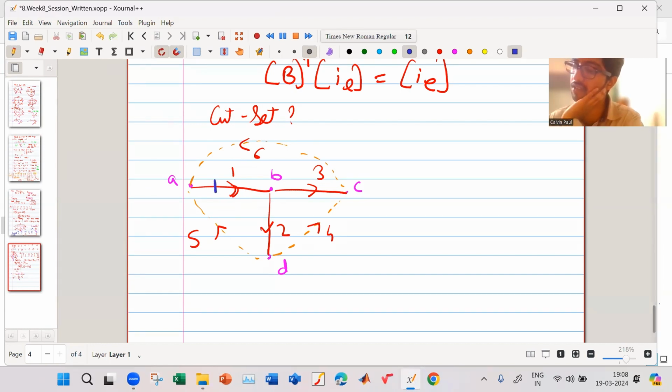It should be only for one twig, so like this I'm cutting it. This is known as my cut set 1 because it is cutting twig 1.